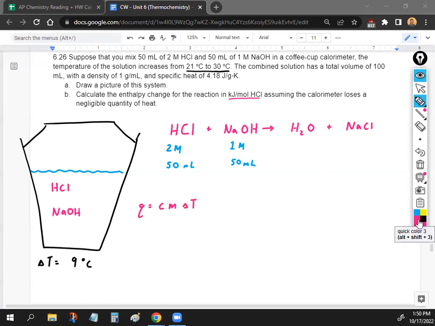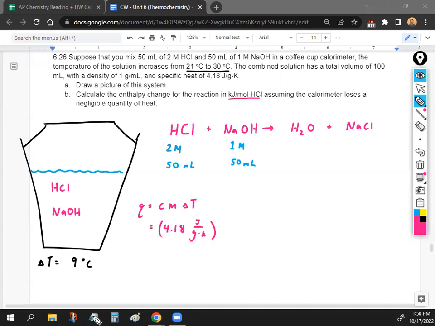Fortunately, it gives us most of the info. So for C, what is the specific heat? Yeah, specific heat of this reaction is 4.18 joules per gram Kelvin.